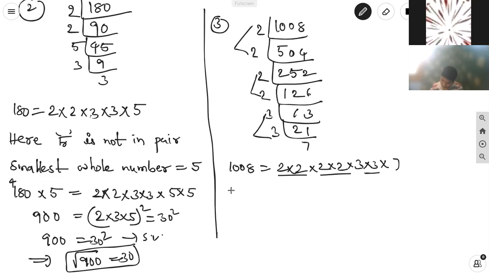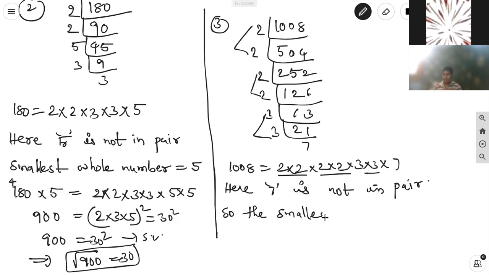Here 7 is not in pair. So the smallest multiplied number is 7.